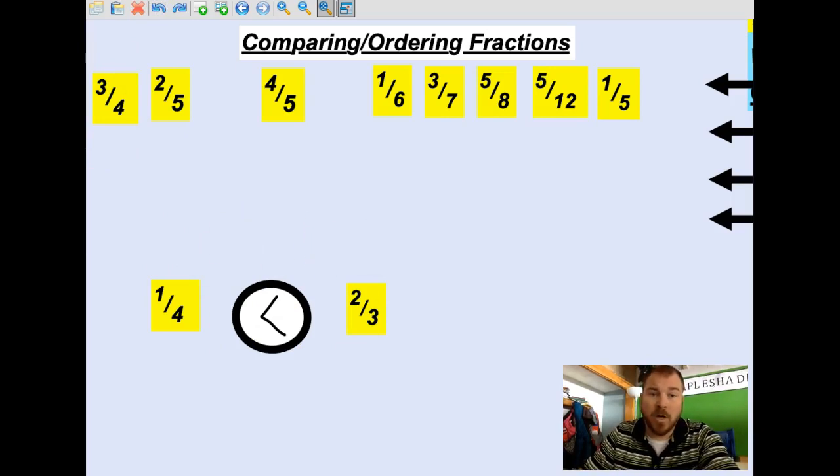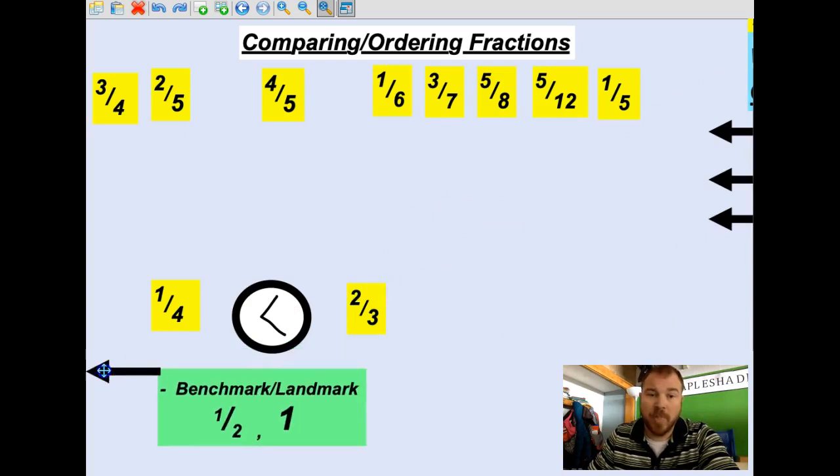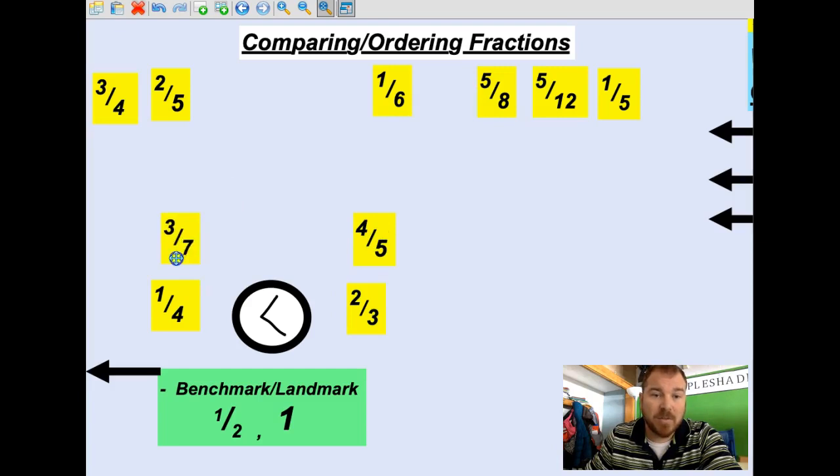We used our basic benchmark or landmark fraction of a half and a whole. I know that 1 out of 4 is less than a half, and I know that 2 out of 3 is more than a half. And that is enough reason or explanation to decide upon my inequality. Another fraction pair that might work would be something like 4/5 compared to something like 3/7.